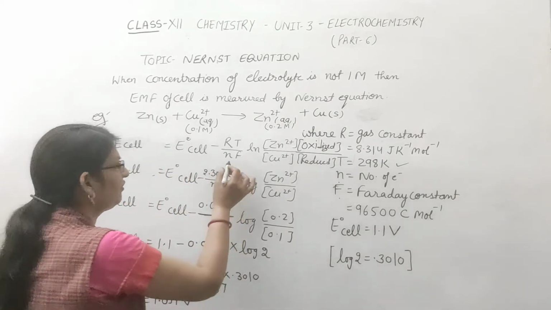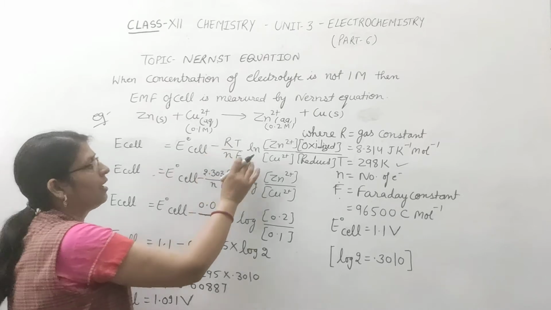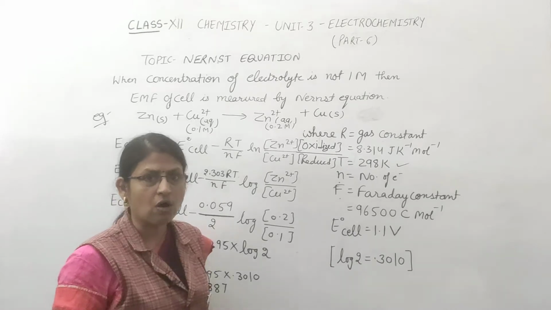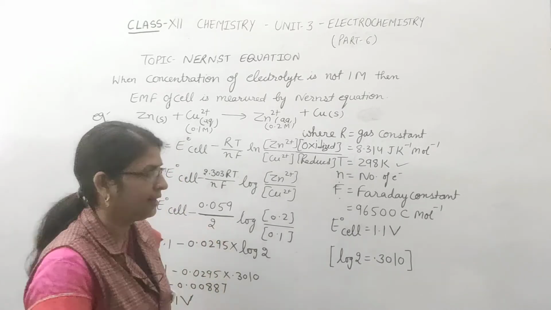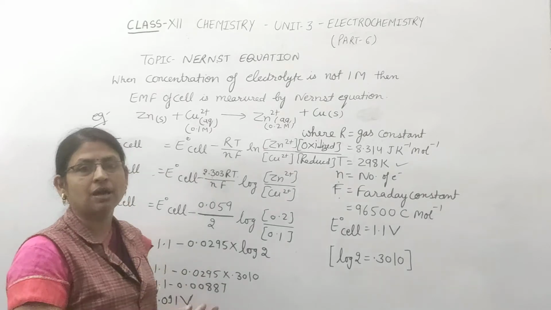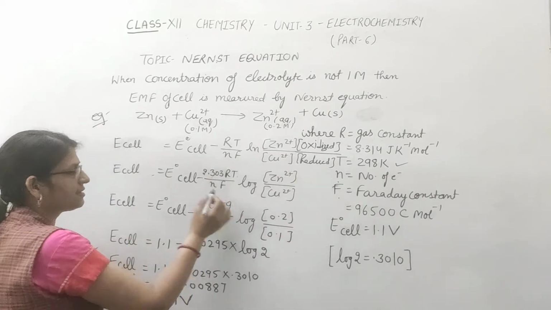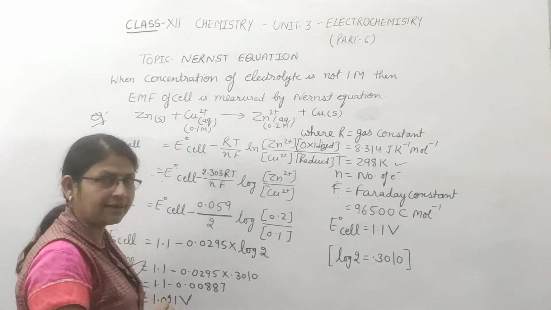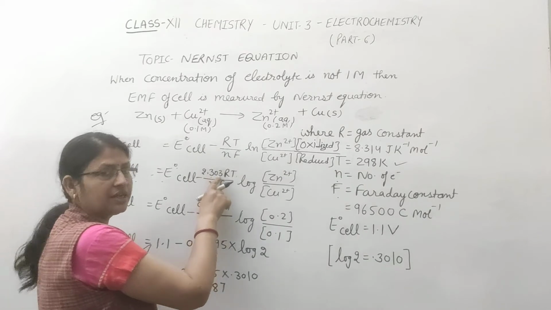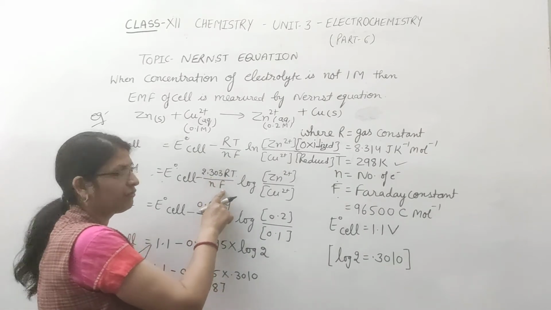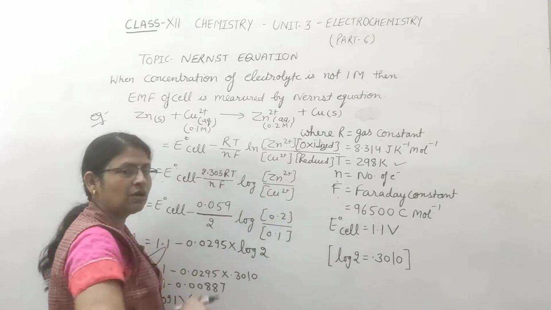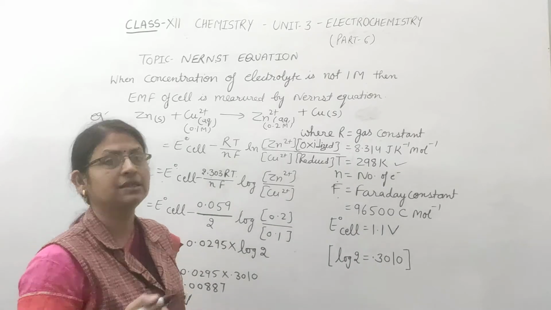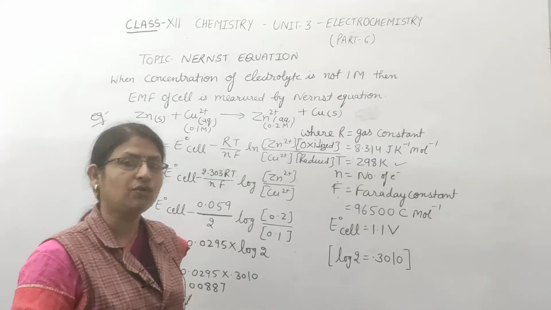Now when we put all these values here and convert natural log to log base 10, 2.303 comes outside. The next step is E cell equals E naught cell minus 2.303 RT upon nF log base 10 of the concentration of oxidized form in the upper part, zinc ion, divided by the concentration of reduced form, copper ion.